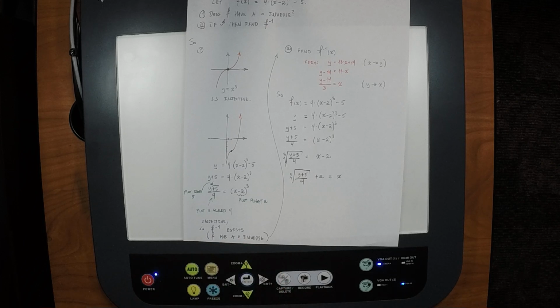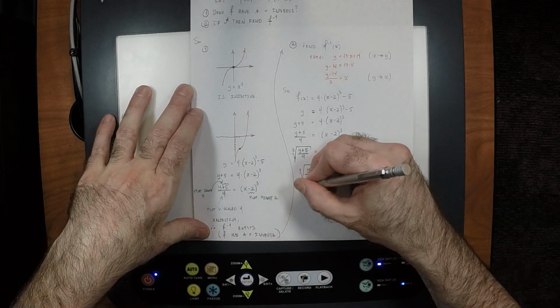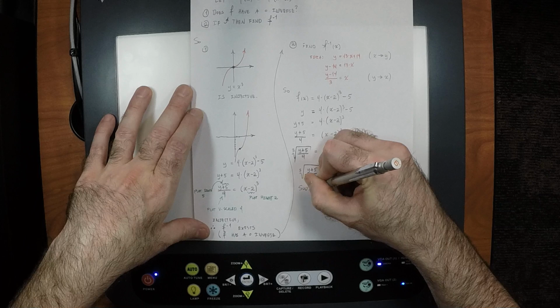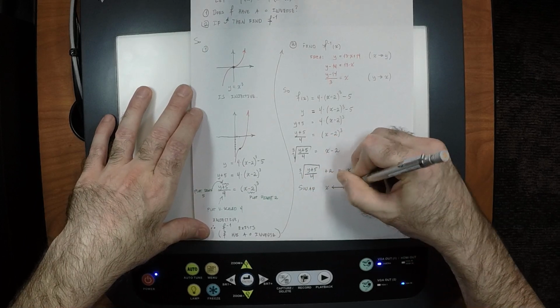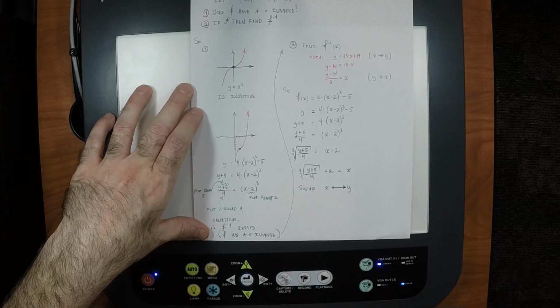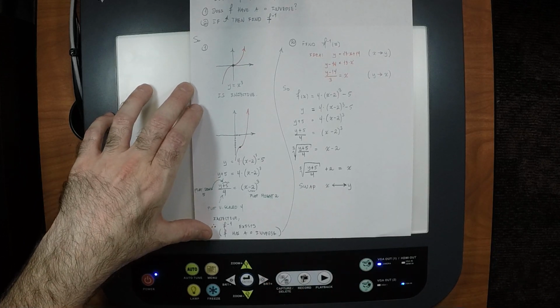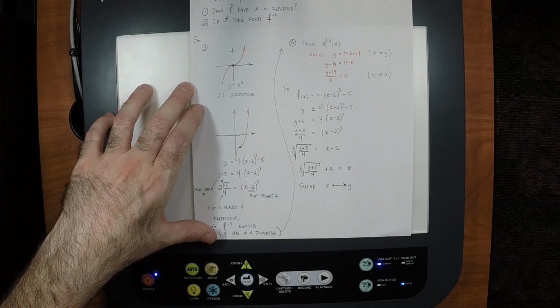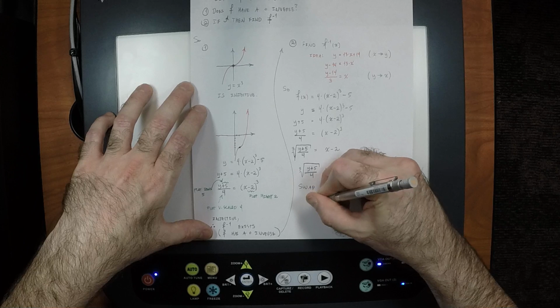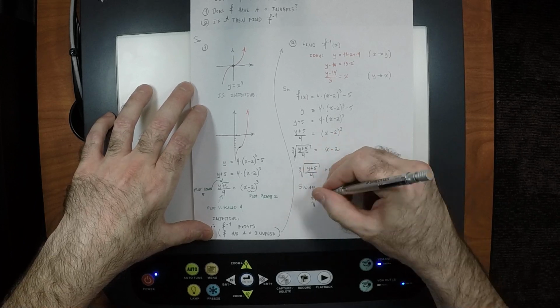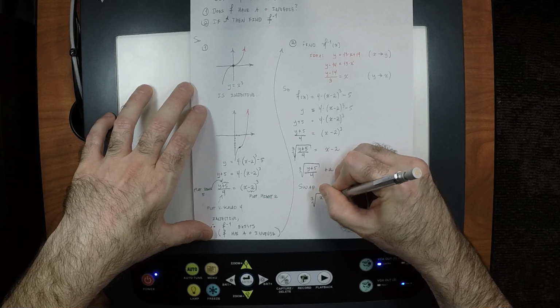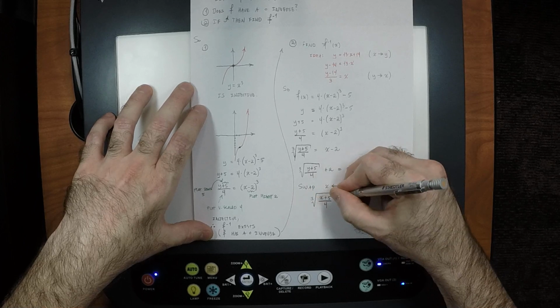So now we're going to do one more step. We're going to swap x's and y's, which is to say that we're going to take that formula where we solved for x, and we're going to rewrite it. But everywhere that we see x, we write y, and everywhere we see y, we write x. So cube root, and it says y plus 5, but I'm going to write x plus 5 over 4.